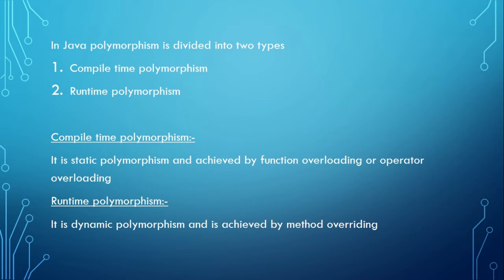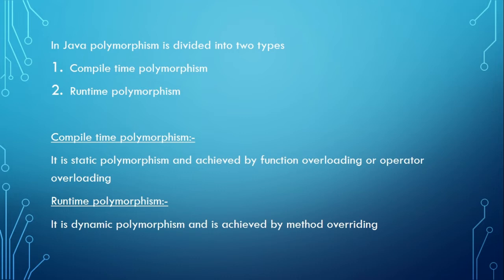In Java, polymorphism is divided into two types: compile time polymorphism and runtime polymorphism. Compile time polymorphism is static polymorphism and is achieved by function overloading or operator overloading. Runtime polymorphism is dynamic polymorphism and is achieved by method overriding.